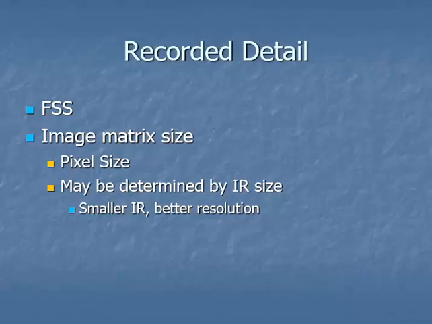You don't work with a high resolution monitor, the radiologist does. It's not really recorded detail, it's displayed detail in your monitor size or monitor resolution. But still, smaller image receptors in a CR system give you better resolution, but that's specific to CR systems.